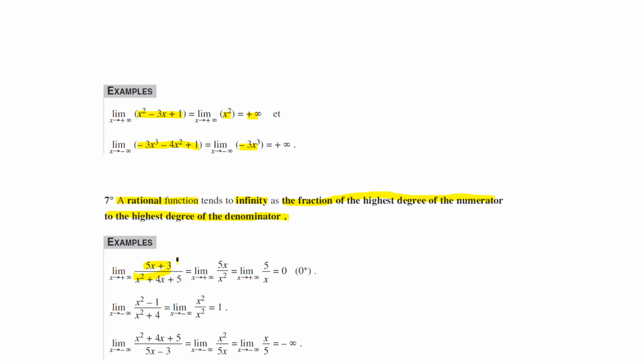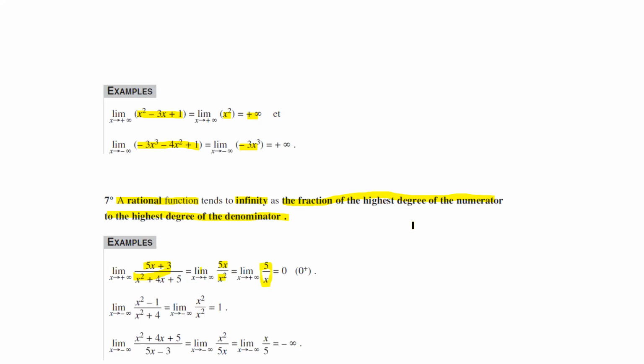So the limit as x tends to infinity. We don't replace infinity. So directly we take the highest degree of the numerator. What's the highest degree of the numerator? 5x. The highest degree of the denominator? X squared. We simplify x and x, we get 5 over x.